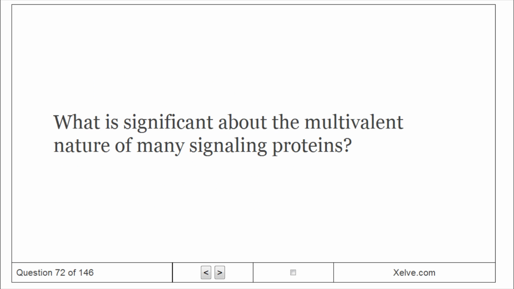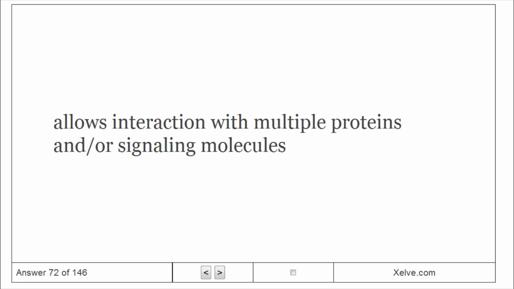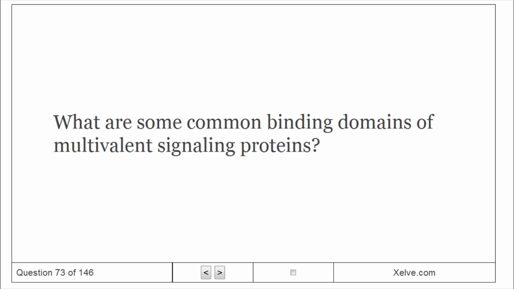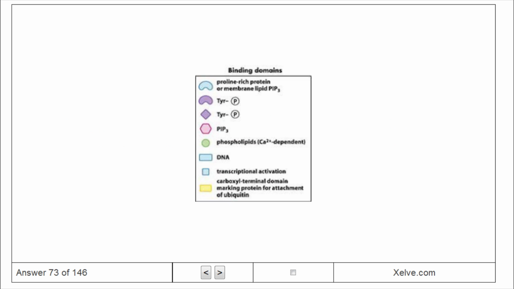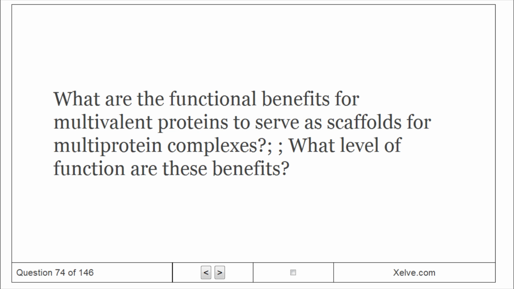What is significant about the multivalent nature of many signaling proteins? Allows interaction with multiple proteins and/or signaling molecules. What are some common binding domains of multivalent signaling proteins? What are the functional benefits for multivalent proteins to serve as scaffolds for multiprotein complexes?